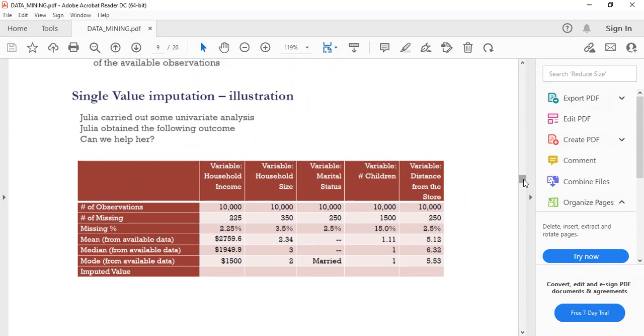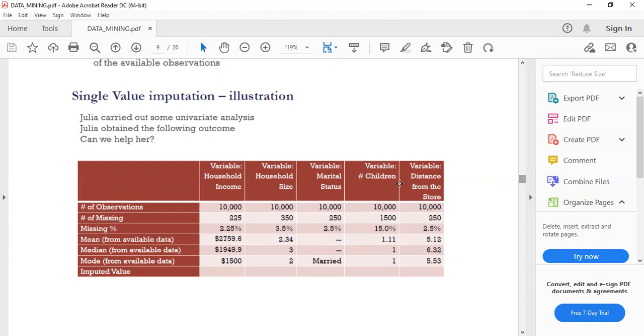These are the total number of observations, and then the number of missing observations. So what is the percentage of missing observations? The mean from the available data is this, the median from the available data is this, and the mode from the available data is this.